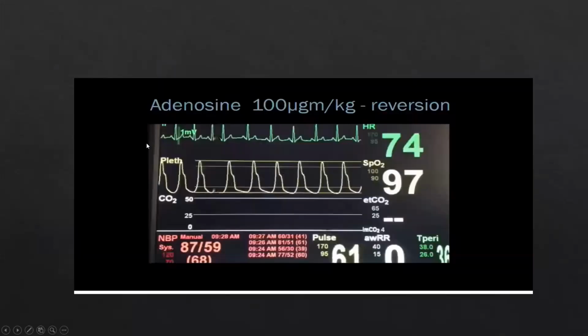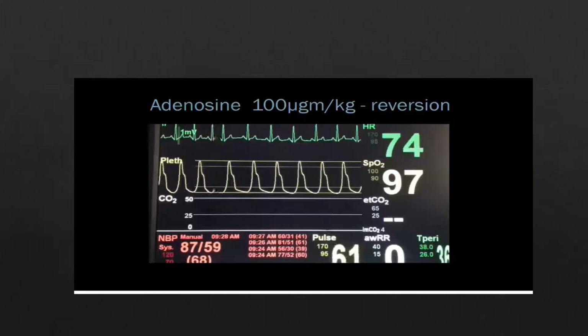So this is the monitor after reversion. The reversion is what we all hope for, where the patient returns to the sinus rhythm. And often there is a recovery tachycardia due to a net deoxygenation from being tachycardic for so long.